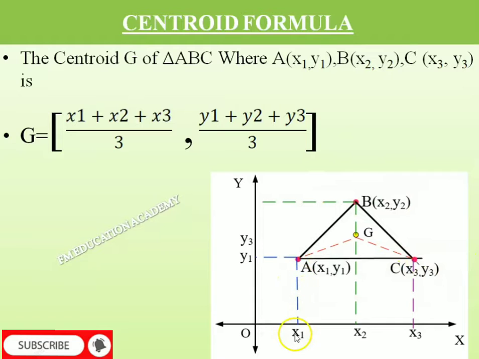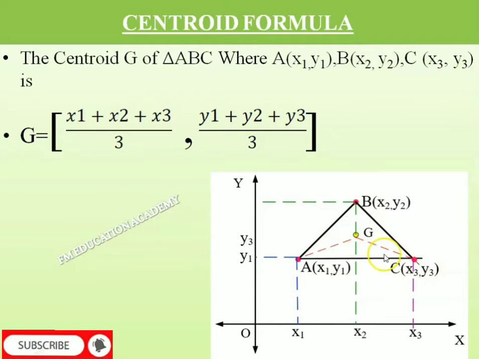Let us suppose y3 is outside. Since this is a 2D figure drawn on paper, I cannot show you y3. But remember, y3 is also a distance from C to the y-axis, right?